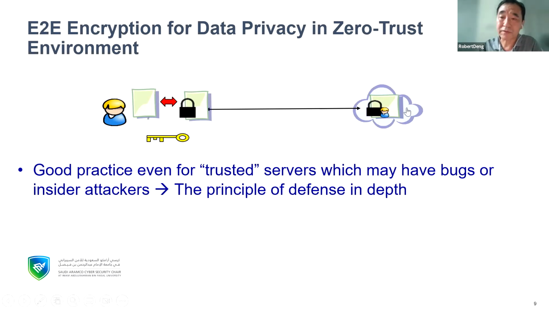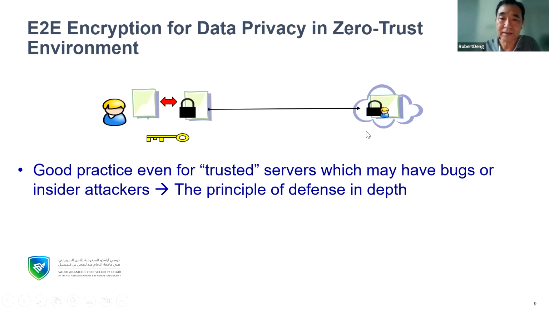Because the service provider only sees the ciphertext, even if it has misconfiguration, even if the user's account is compromised, at the most, the hackers or the service providers see only the ciphertext.